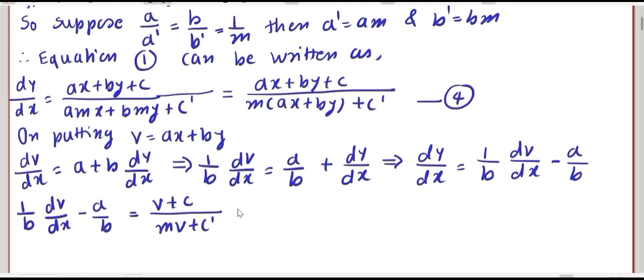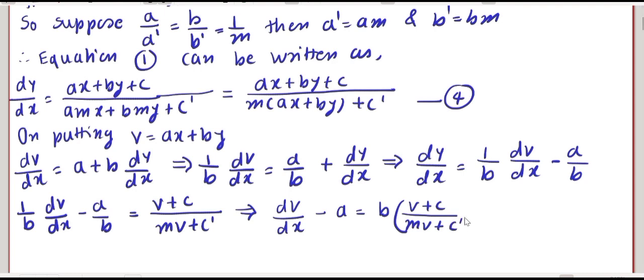So it implies, multiplying by b, we get dv by dx minus a is equal to b into v plus c divided by mv plus c dash.